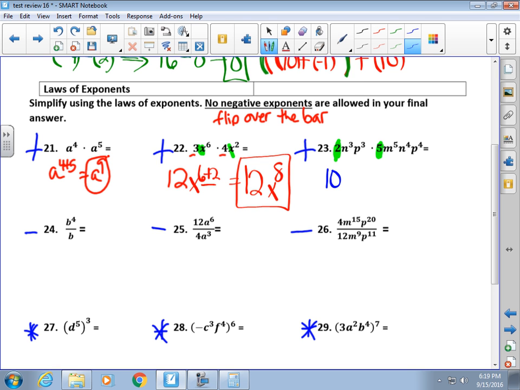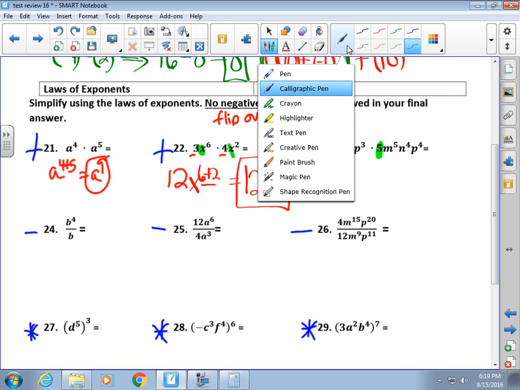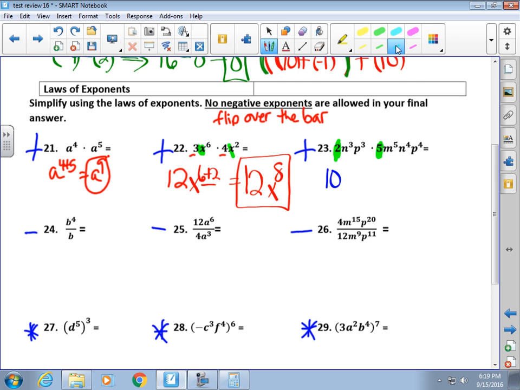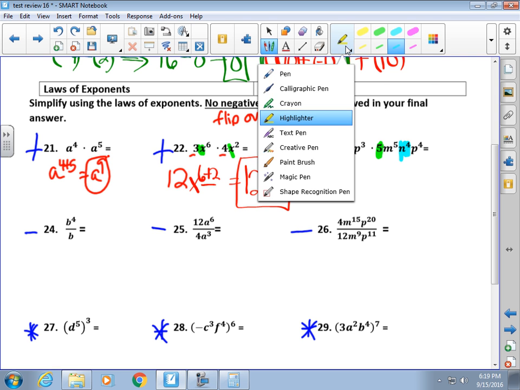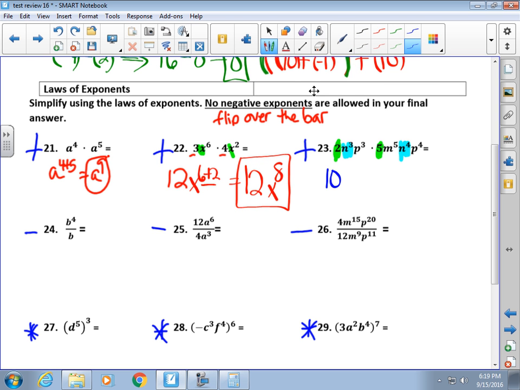That's done. Let's look for some common bases now. Over here I have n to the 3rd, and I have an n to the 4th. And my rules tell me to add. So 3 plus 4. Let's look for some more.